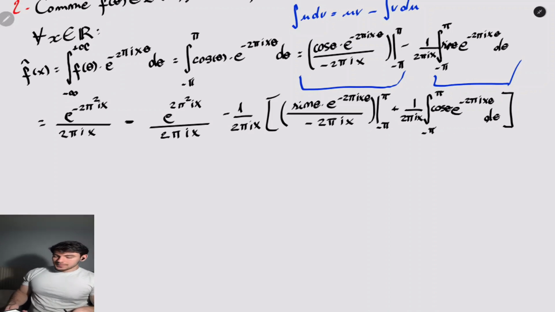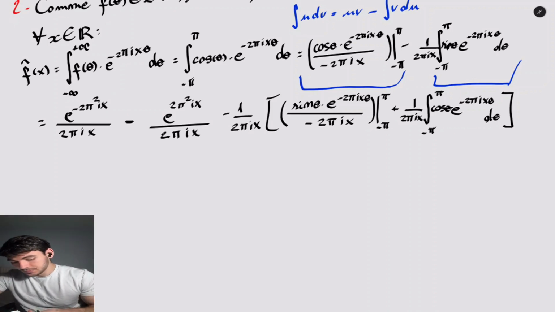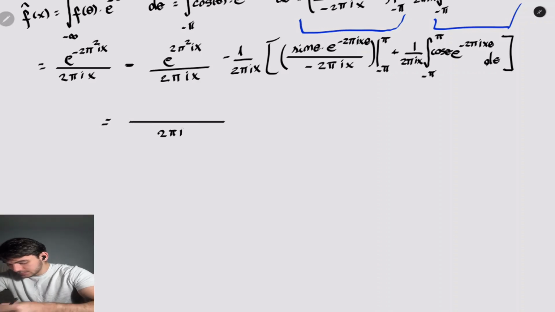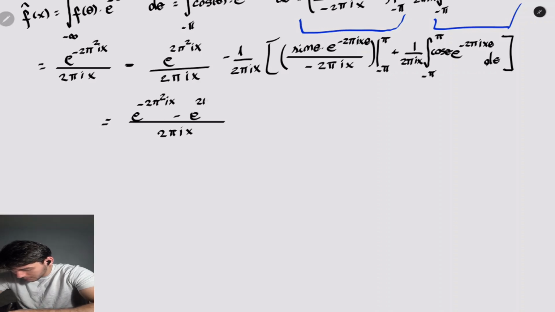Now let's simplify it. So here we have the same denominator. So let's put it together. So 2 pi ix and exponential of minus 2 pi squared ix minus exponential of 2 pi squared ix, minus 1 divided by 2 pi ix times.